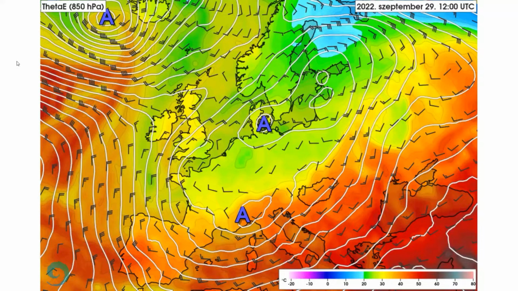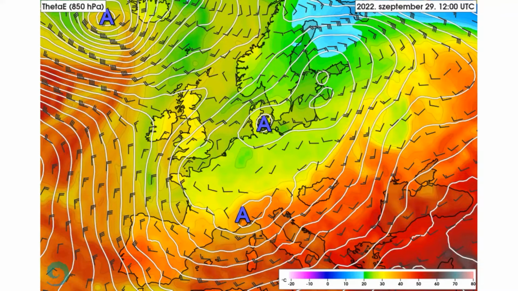This is the extensive low pressure system, and this system has more center points, and in Hungary these points were marked with the letter A, as Gergo mentioned.